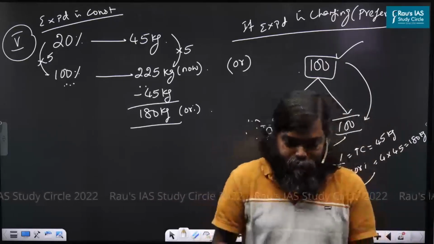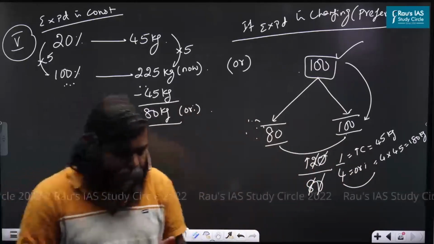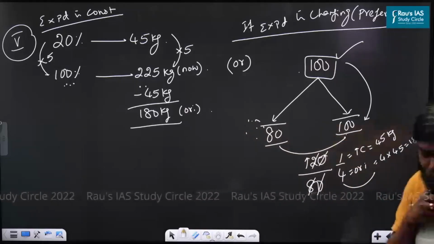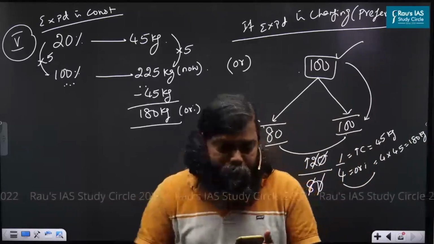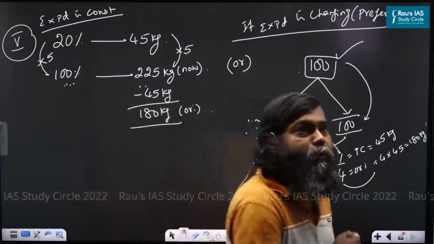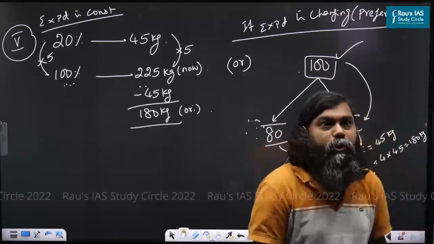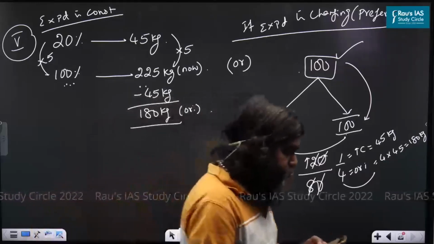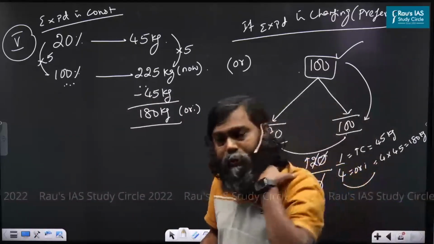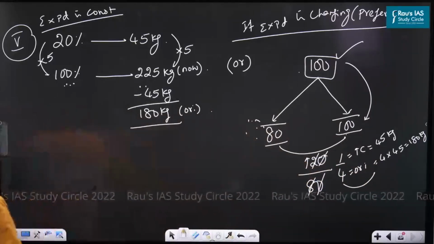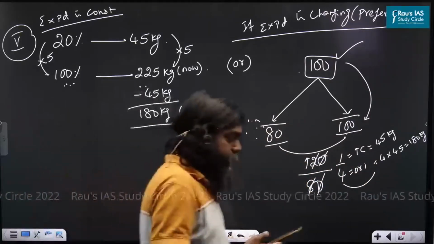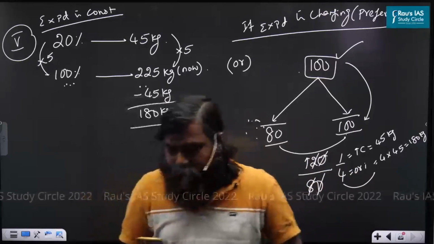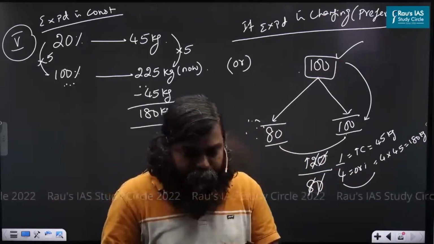Due to this, a customer is able to purchase 40 kg less sugar, so that his expenditure increased by 10% only. Find the original consumption and new consumption.